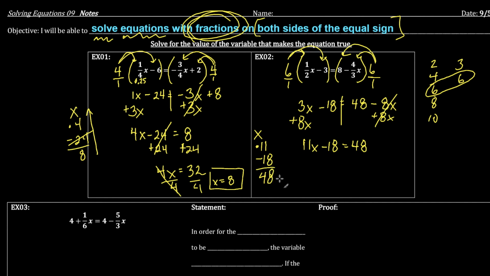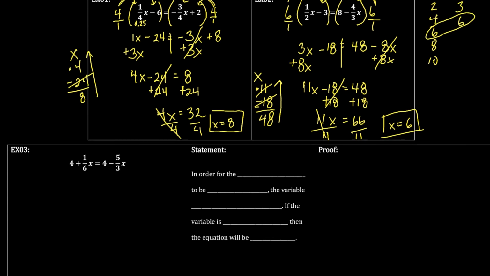So I need to inverse operation. So undo those operations. So plus 18, plus 18. 11x equals 66, and then divide by 11. X equals 6.